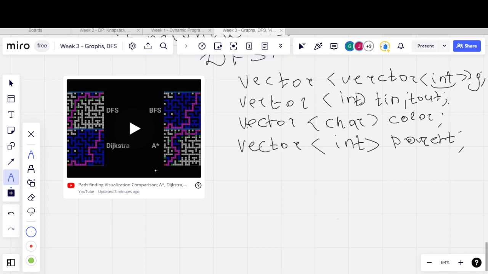Let me write the DFS algorithm. DFS will contain two arguments, the vertex and int p equal to -1.